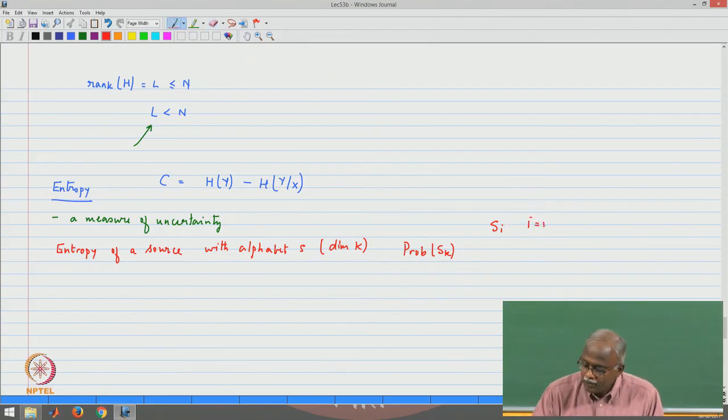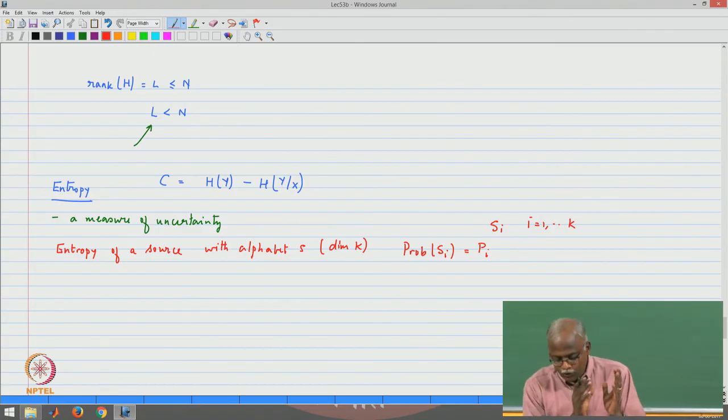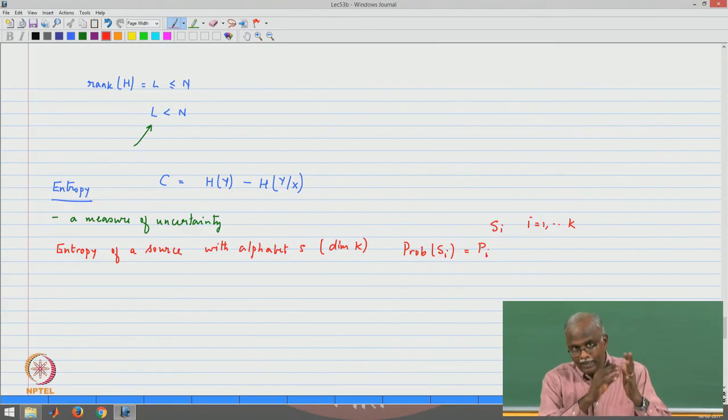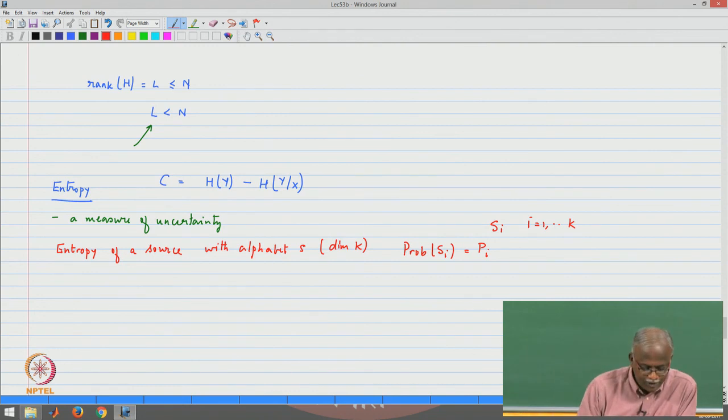The probability that you have transmitted a symbol S_i, let us call that P_i. Then under such assumption, we have a source with alphabet of size k, there are k such values that S can take, and the probability of each of those k values is known and is given by P subscript i.